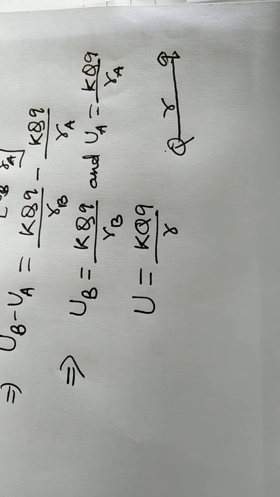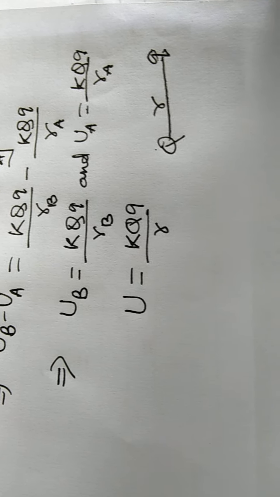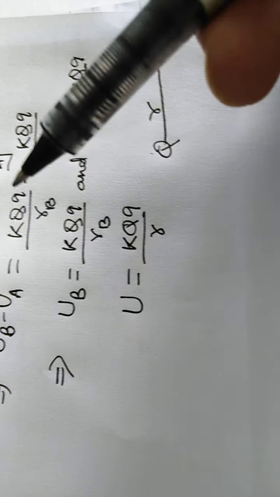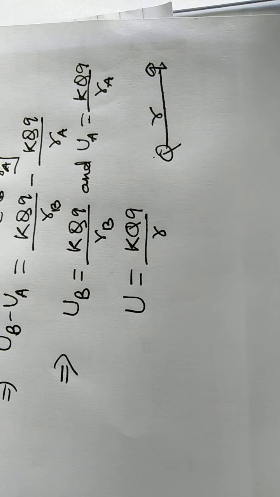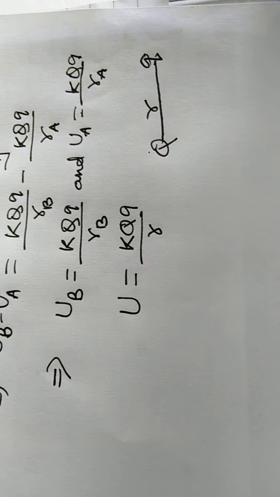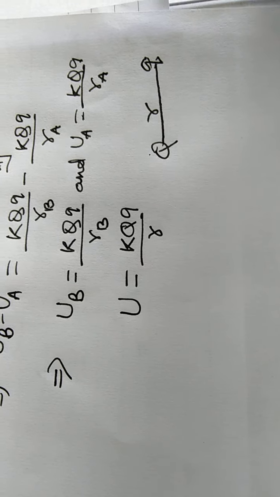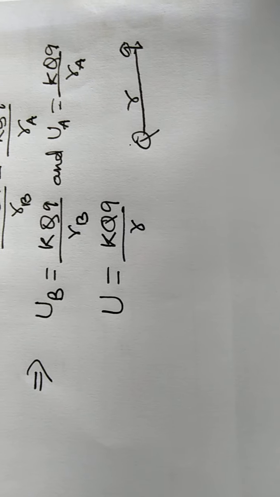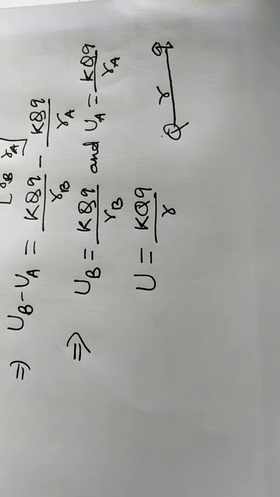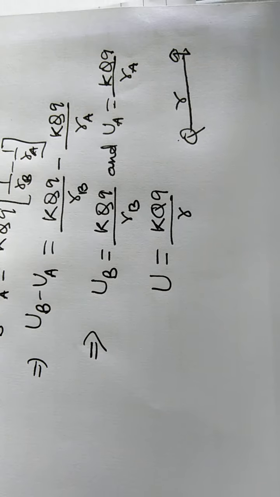This is just like gravitational potential energy. You can take any horizontal line to have a potential energy of 0, and if you move upward, potential energy increases. You move downward, potential energy decreases. So the significant term is potential energy difference.